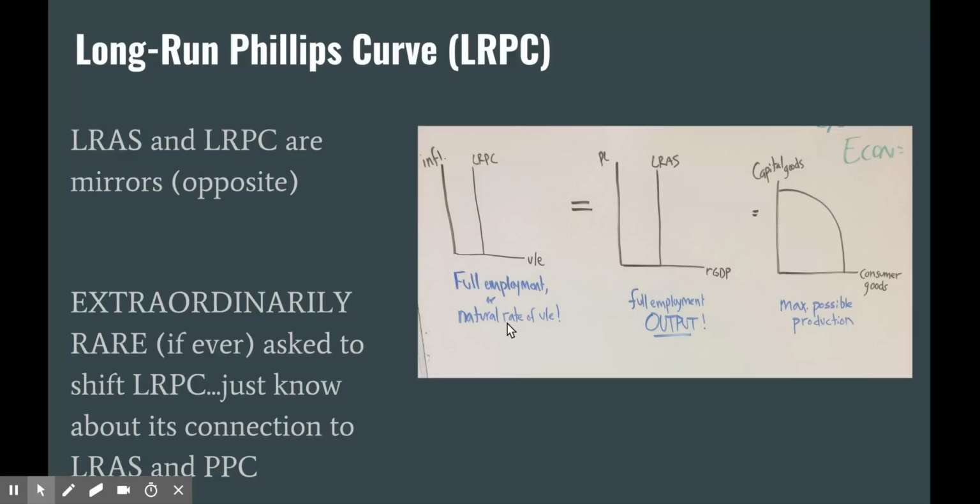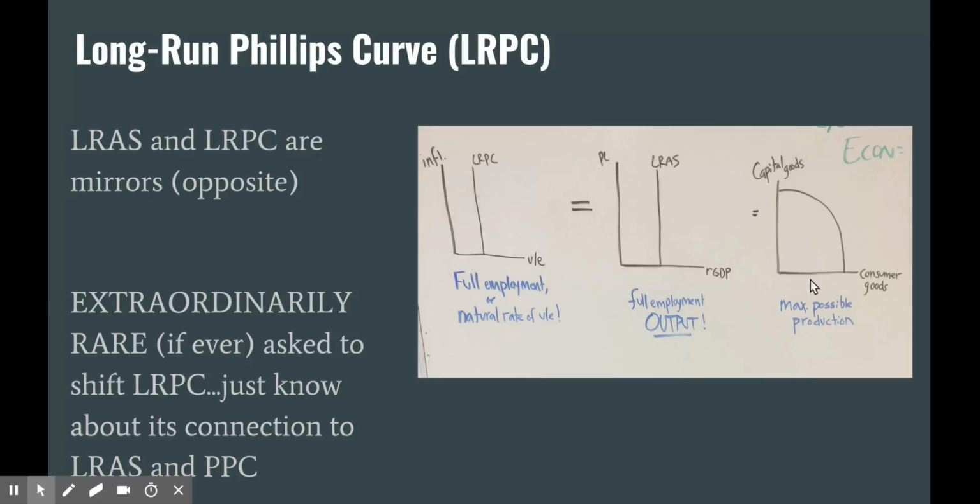So here, full employment, just the percentage on the ADAS graph with LRAS, SRAS, and AD. LRAS shows our maximum possible output at full employment. So this just shows the percentage. This shows our full employment output. And then that also relates because LRAS and the PPC are closely related.